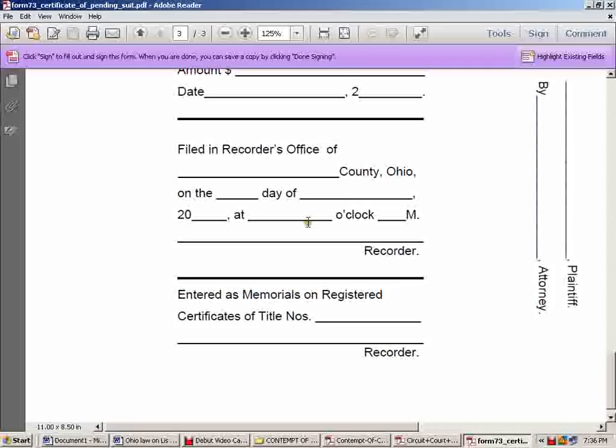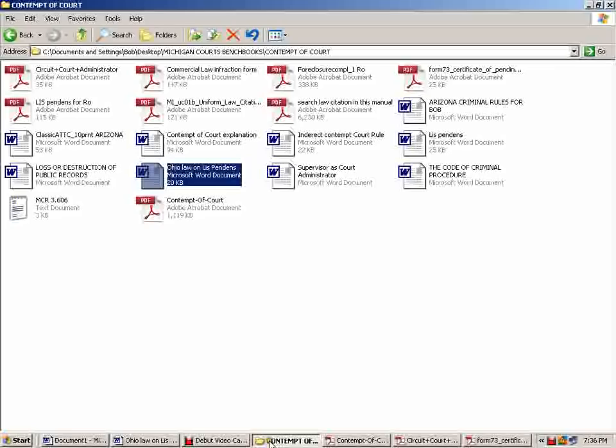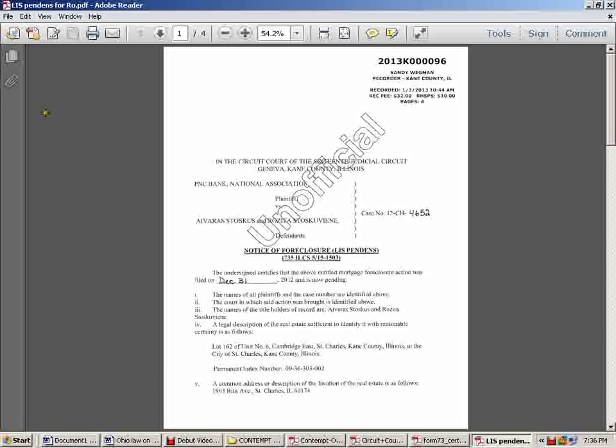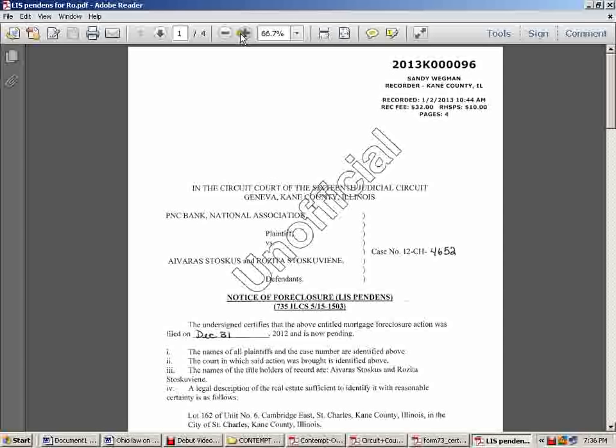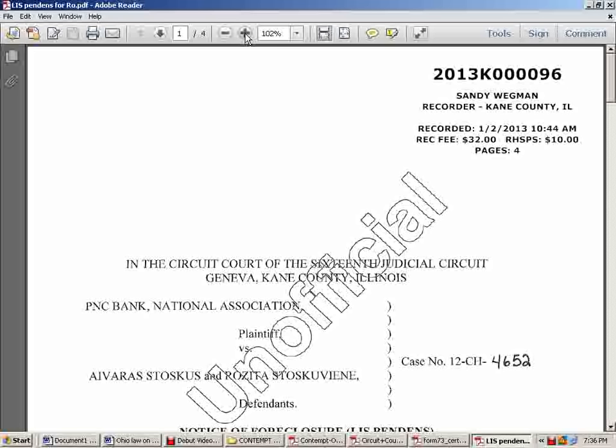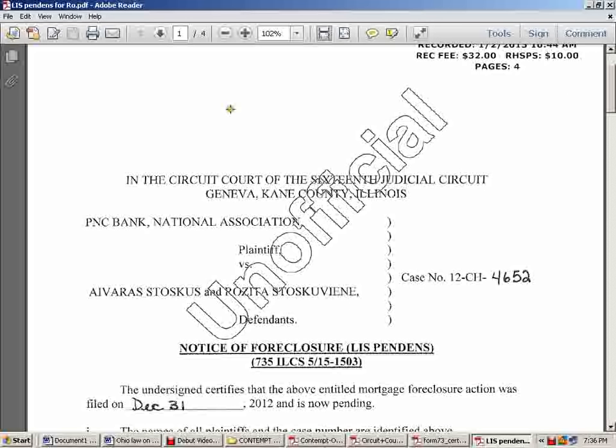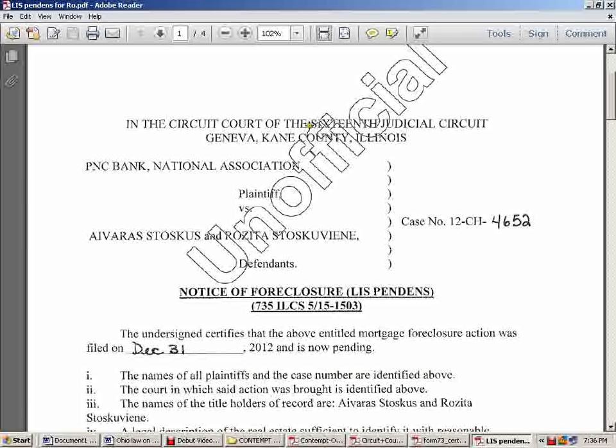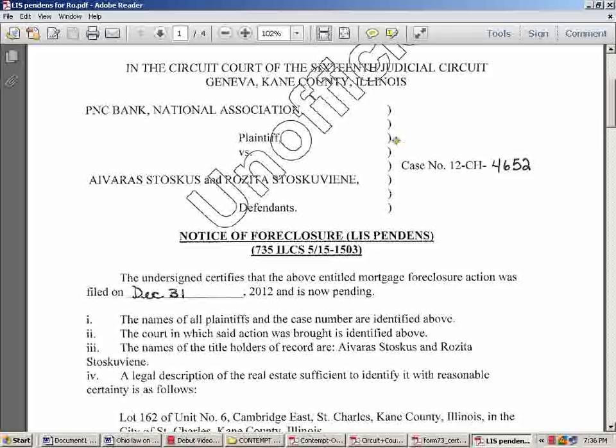So look at that. Doing this has nothing to do with putting any paperwork in, except if you have a lis pendens, and that's kind of what a lis pendens looks like. In the Circuit Court of the 16th Judicial Circuit, Geneva, Kane County, Illinois, PNC Bank, National Association, which is a fictitious entity, you cannot find a certificate of good standing for PNC Bank, comma, National Association.